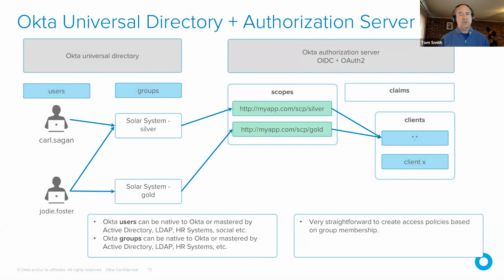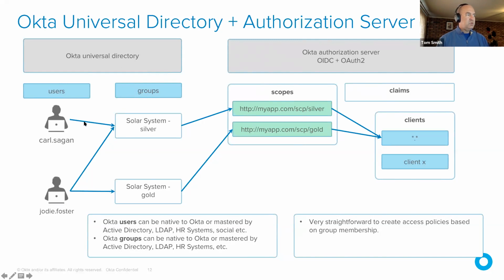So I'll talk about what that looks like from an architecture perspective, and then when I go into Okta itself, I'll show you how this is actually set up in Okta. But you've got in Okta Universal Directory, you've got users and groups. You have many other things in Universal Directory as well, but for the sake of this demo, we're just going to talk about users and groups in Universal Directory.